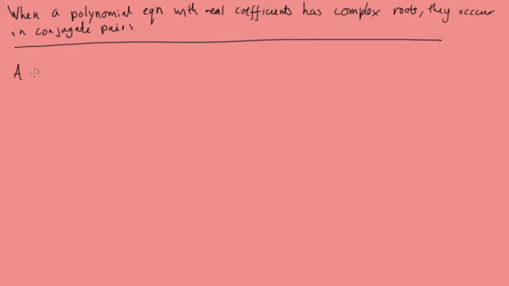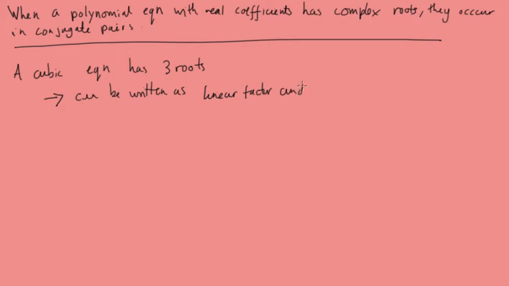Now a cubic equation, which we just looked at, has 3 roots because of the fundamental theorem of algebra. And we can write it as a linear factor and a quadratic factor.